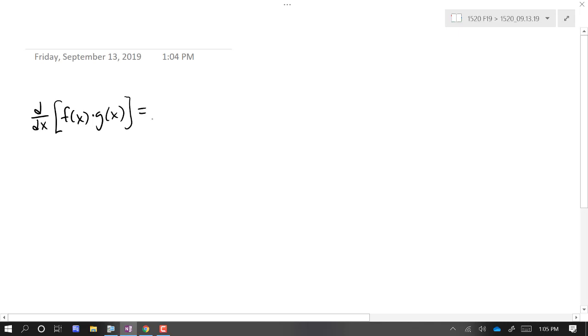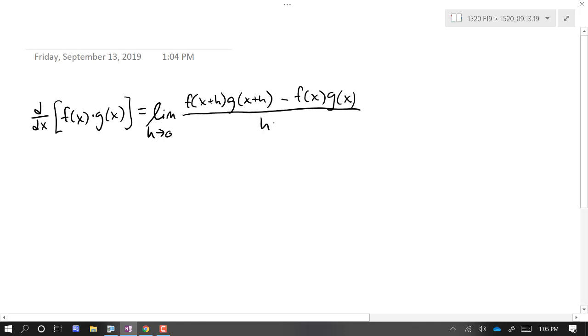It's the limit as h approaches 0 of, and in this case our function is that product, f of x plus h, g of x plus h, minus f of x, g of x, all over h. That's what I want to be able to do, evaluate this limit.